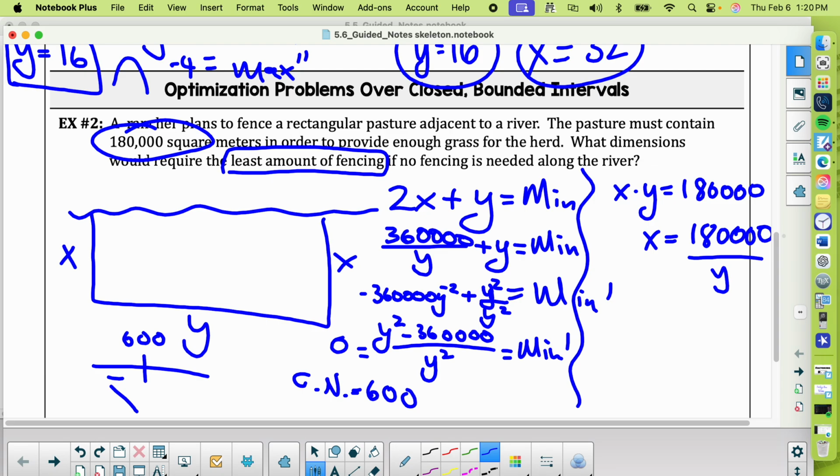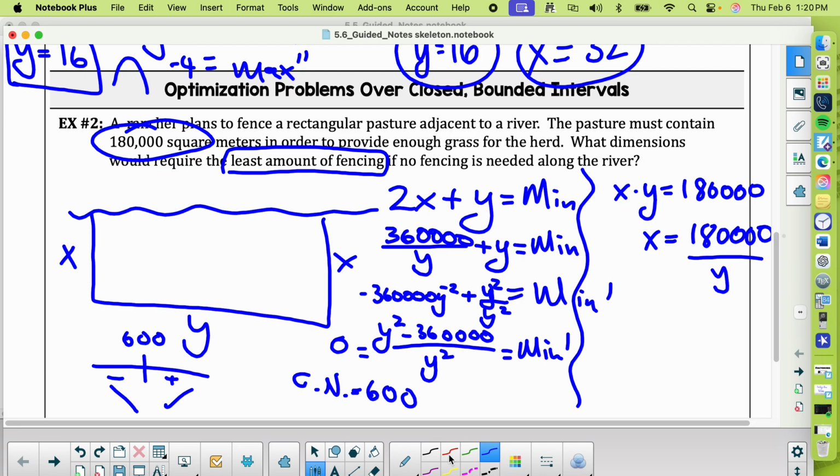Then I'll test a number bigger than 600, like 1,000. 1,000 squared would be 1,000,000. It would be 6 zeros, I believe. Then 1,000,000 minus 360,000 would be positive, divided by 1,000 squared would be positive. So my slope table tells me it's a relative minimum.